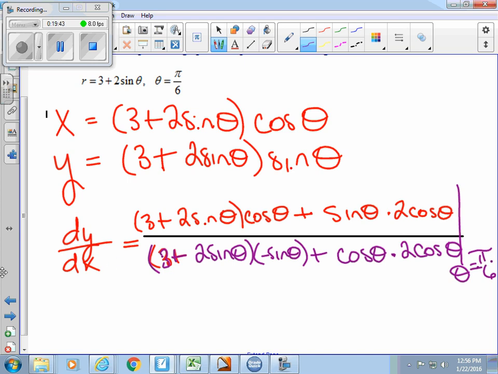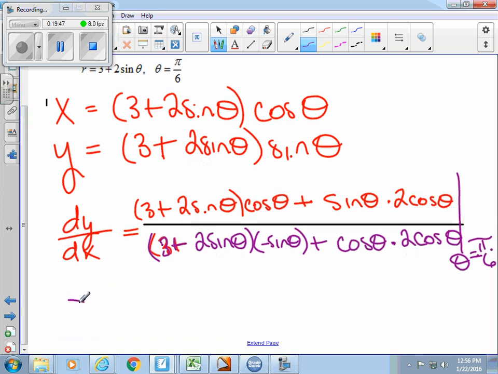So I'm going to plug in pi over 6 for my thetas, just for fun, as much as I really would rather not. Let's do that by hand. Remember, if this for some reason fell non-calculator, what can you do once you plug in the pi over 6?